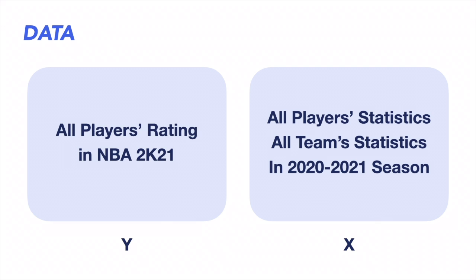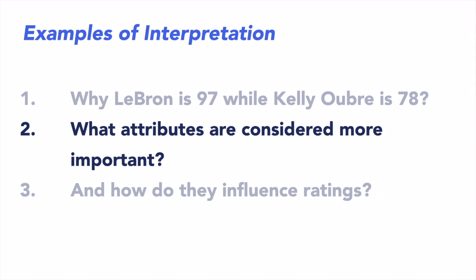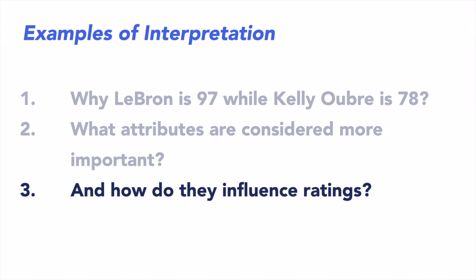One thing unique about this problem is that we are not looking for predictions because we have all the ratings. What we really want here is to understand the relationship between X and Y, aka interpretations, such that we can answer questions like why LeBron is 97 while Kelly Oubre is 78. What attributes are considered more important and how do they influence the ratings?